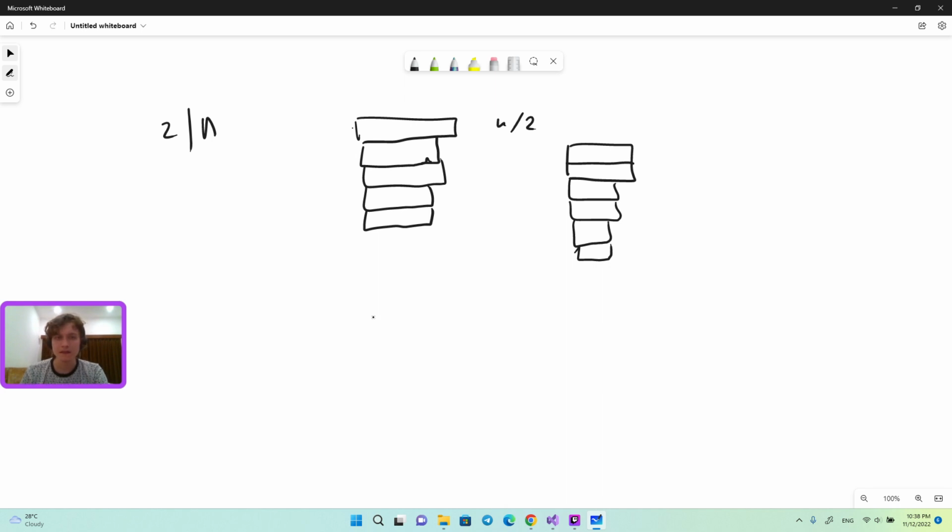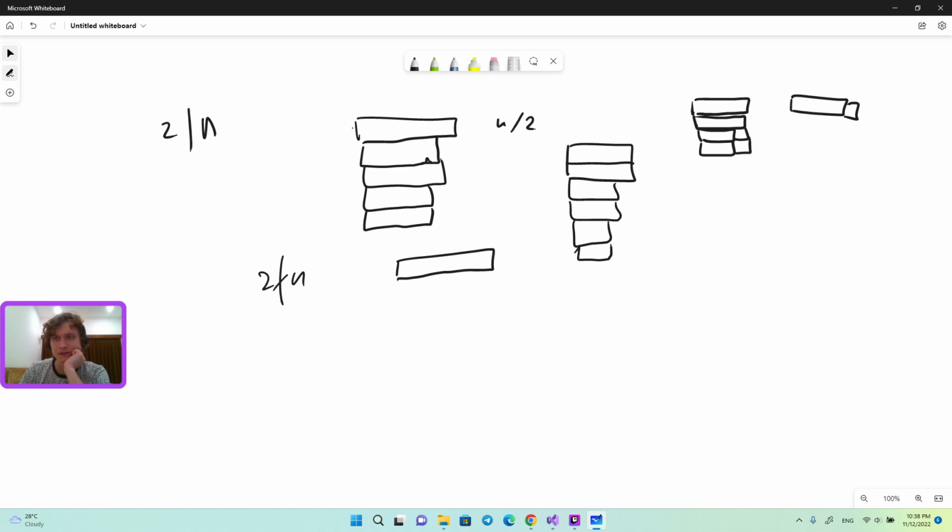And in the other case, when n is not divisible by 2, yes, it should be just that. What about this case? So we have 4, 4, 3, 1, and 3, 1. But can we do it like this? I guess we cannot do it.